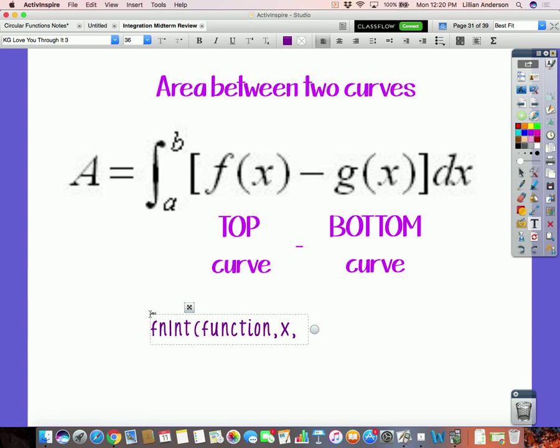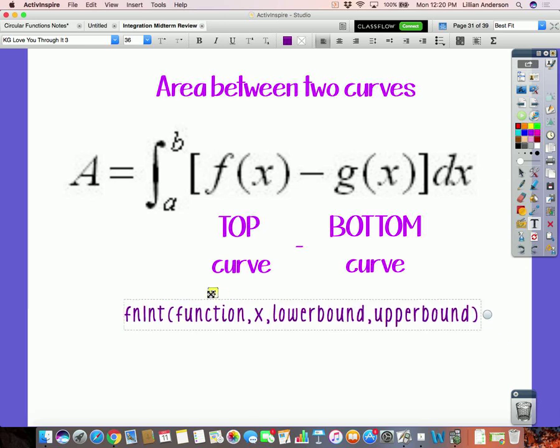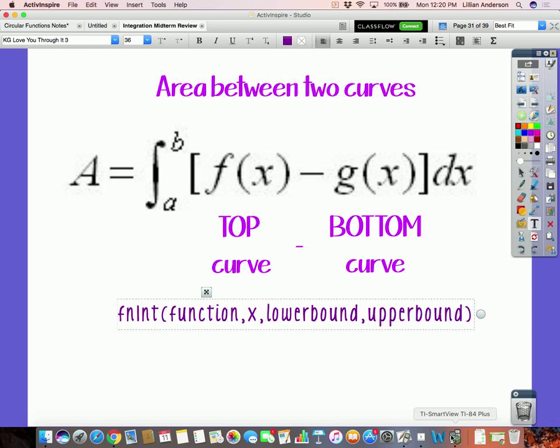You had to type in x, you typed in your lower bound, and then your upper bound. That's how you had to do it if you had an older version, or if yours didn't have this special feature in your calculator. Okay?